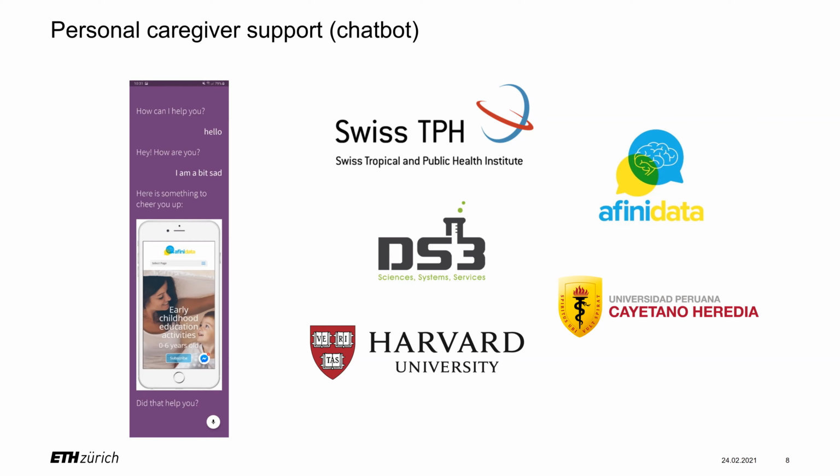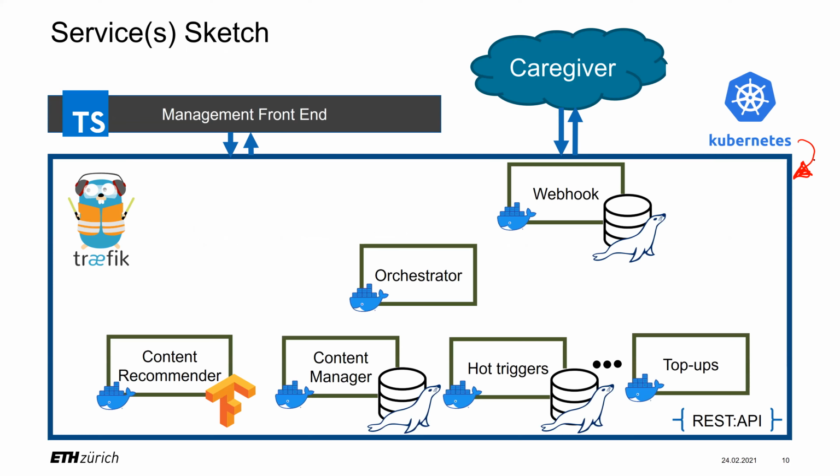And this is basically a sketch of how the service looks. It is all running on a Kubernetes cluster. So here this rectangle is the Kubernetes cluster, and here are the caregivers interacting with the service.